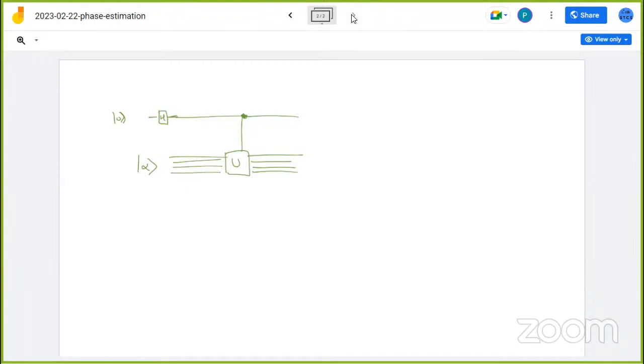Then 0 alpha is mapped to 1 over root 2 of 0 alpha plus 1 e^{i theta} alpha. Okay, is that correct? Yeah. So far so good.